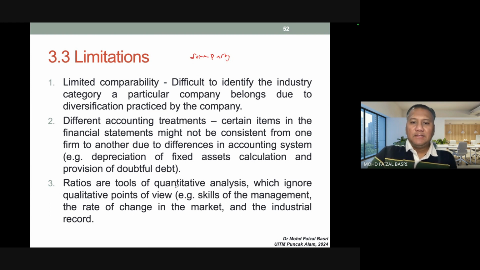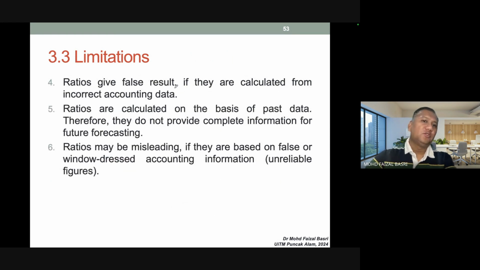Ratios are quantitative analysis, therefore they ignore all the qualitative aspect. So dari segi skill, dari segi anything yang qualitative yang kita tak boleh nampak dalam financial statements, kita tend to ignore lah. Number 4, ratios can give false result kalau kita dapat info yang salah.